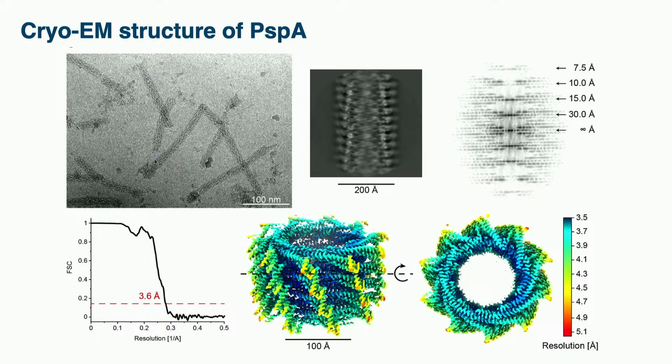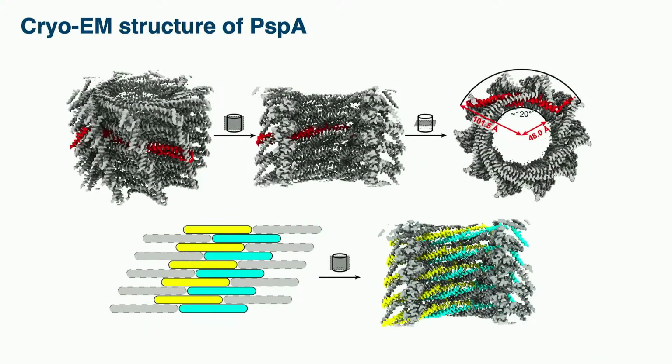So this is 10.2 units per turn that make up this helical assembly, and at 3.6 angstrom resolution we can trace the individual polypeptide backbones and also determine the actual conformation of this protein. What is interesting is it's a very elongated protein that forms, in a way, like a brick wall of a cylindrical wall, and then makes up such a cylinder.